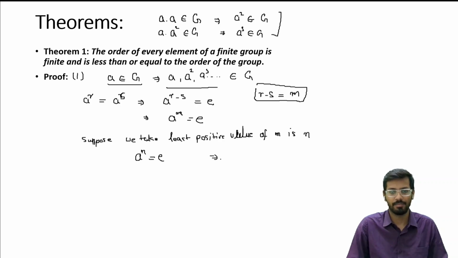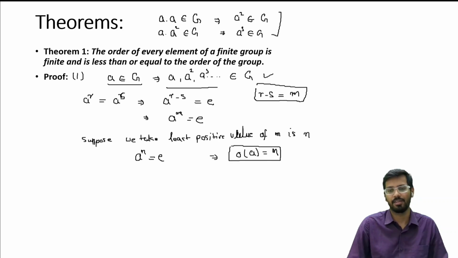Then we can say order of a is equal to n. OK, so if we take this group G as finite, then order of element a is also finite.